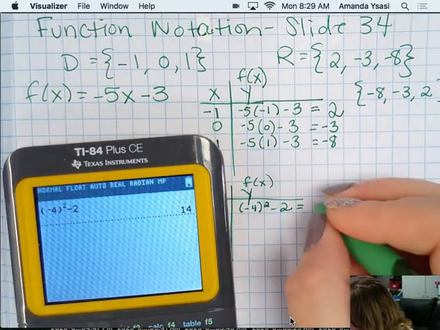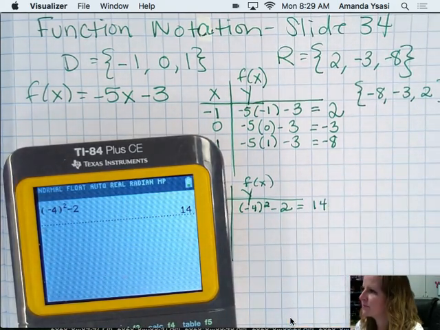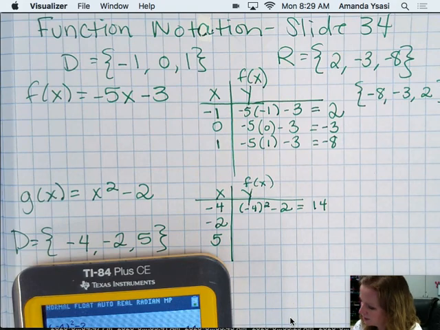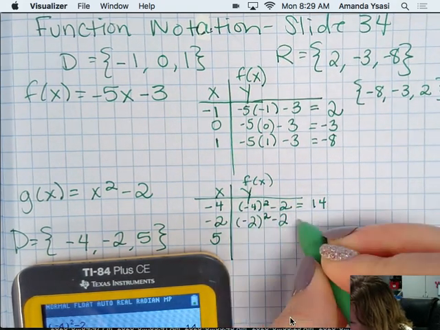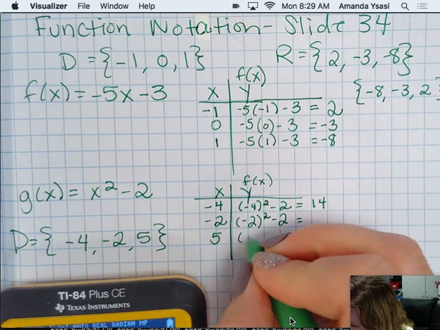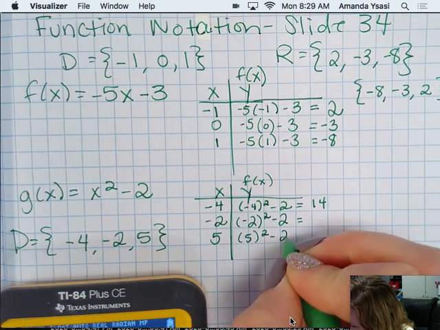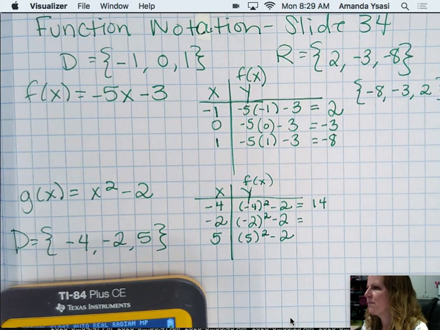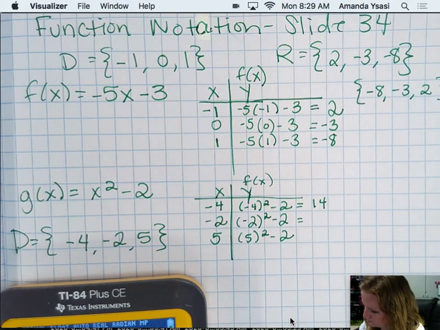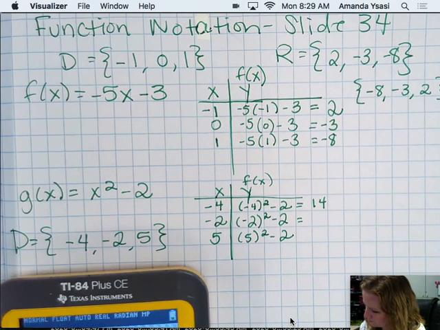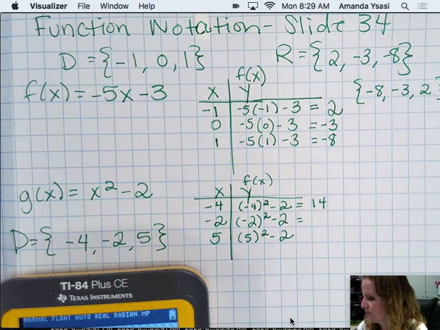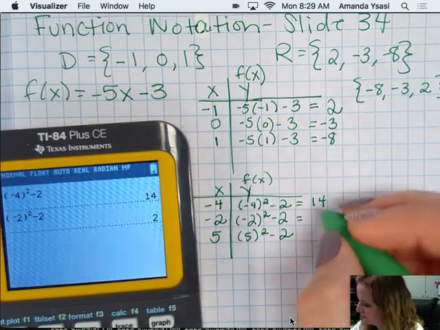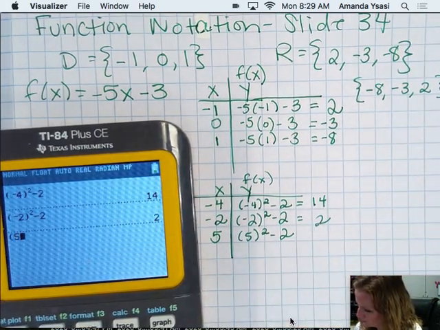So that's 14. And then negative 2 squared minus 2. And 5 squared minus 2. Wait, Miss Saucy, wouldn't the first one be 12?